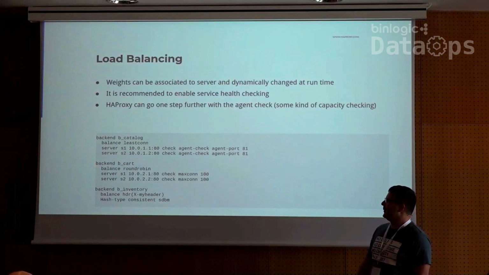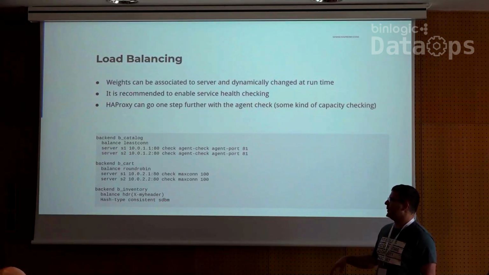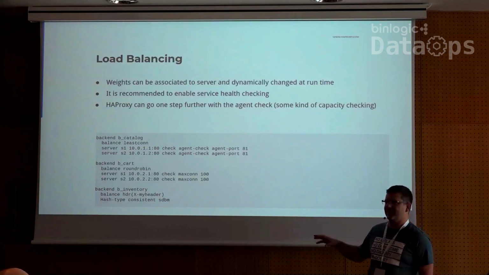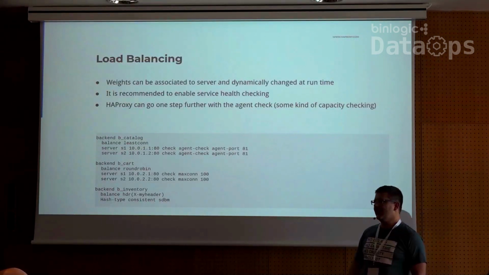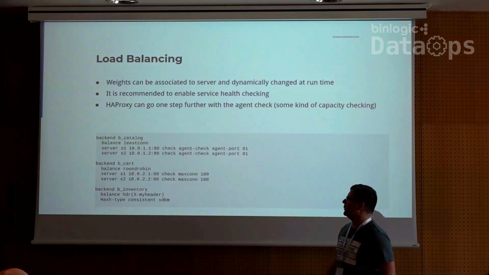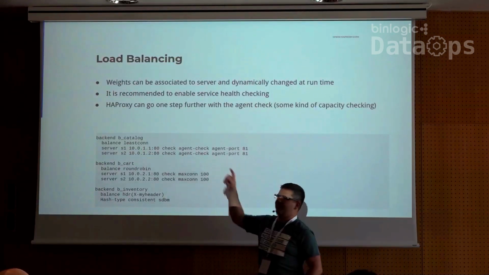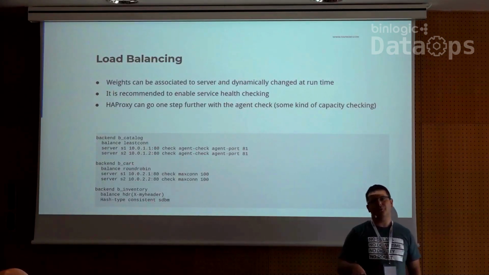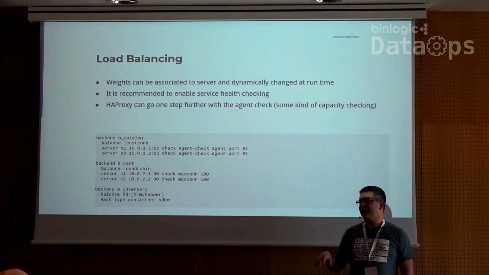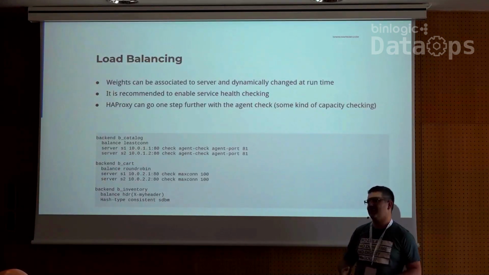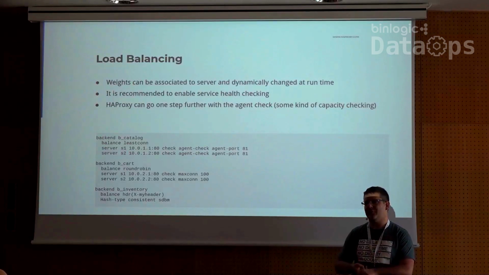And there is something else we can do as well, what we call capacity checking with HAProxy. There is a newer protocol available in HAProxy that we call the agent. The agent is a piece of software that can run on your server, and it can return information about operational status and administrative status.